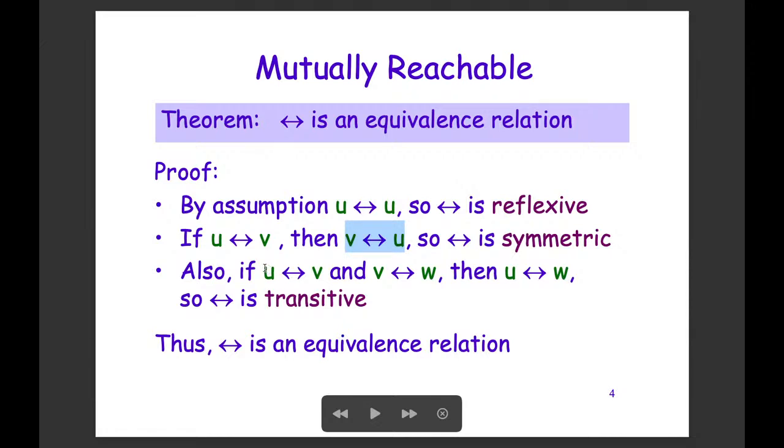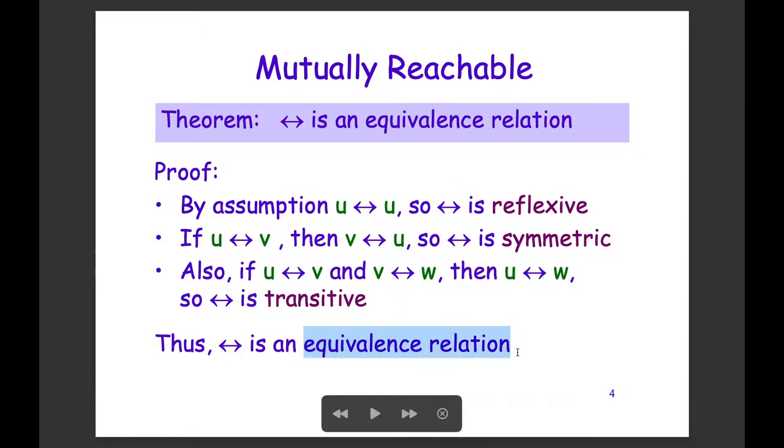Finally, this is also true: if U is mutually reachable to V, and V is mutually reachable to W, then given these two conditions, U is always mutually reachable to W, right? So it is a transitive relation. In discrete mathematics, whenever a relation is reflexive, symmetric, and transitive at the same time, it is an equivalence relation.